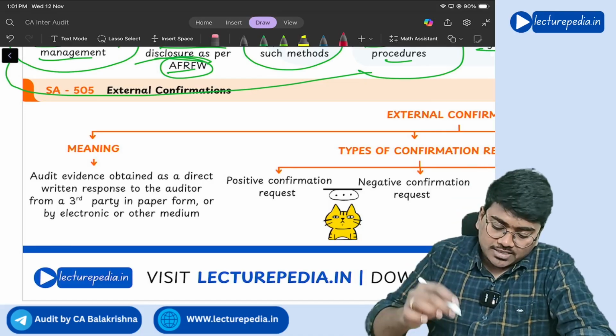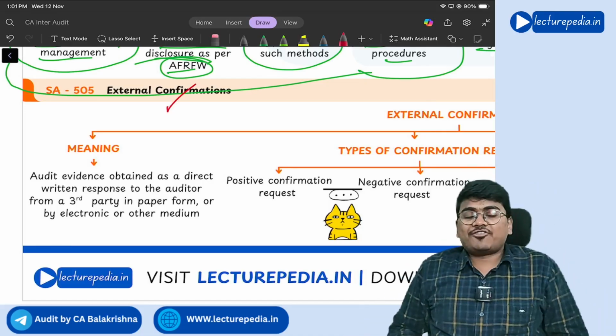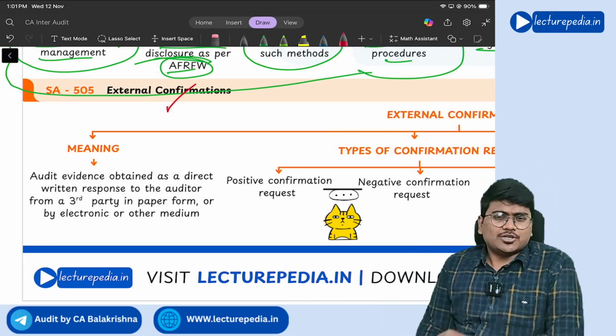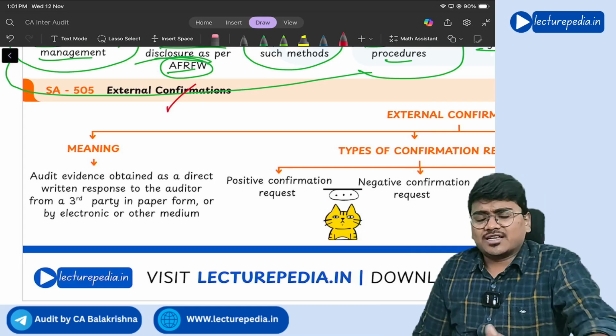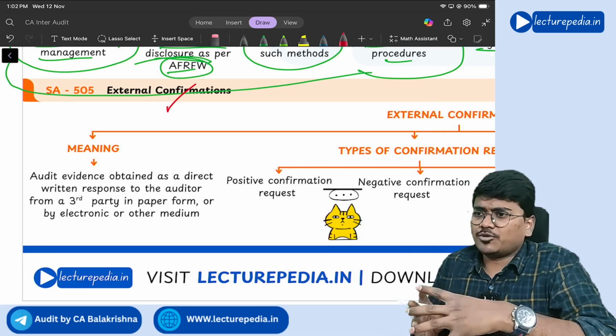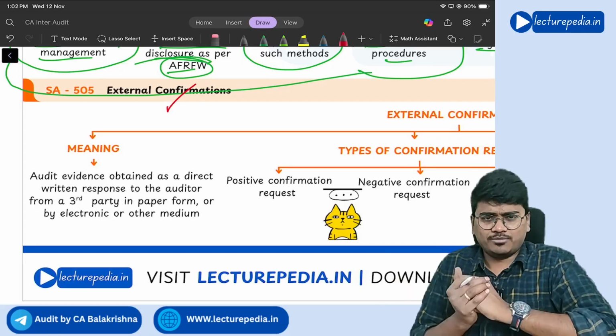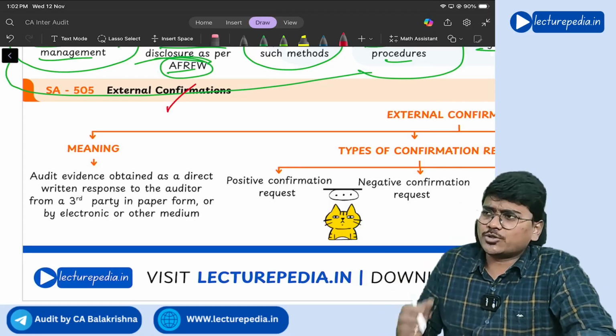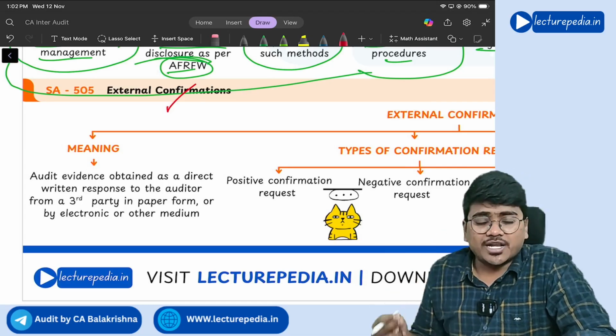Now let us start with SA 501, which is external confirmation. So what is this external confirmation, sir? See, external confirmation is a type of audit procedure that you will perform. You can use this external confirmation with respect to debtors, with respect to creditors, right?